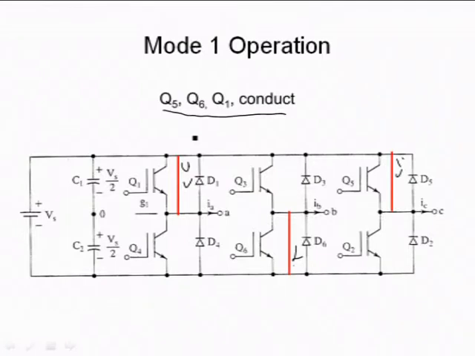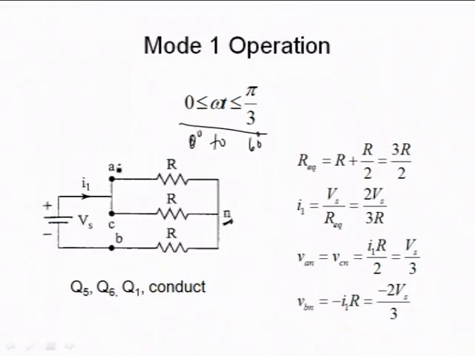Because Q1 and Q5 are conducting, the upper arm points, phase A and phase C, are connected to positive voltage plus Vs. Q6, the lower arm, connects phase B to minus Vs. This is what is shown in this circuit: A and C positive, meaning upper arm, transistors 1 and 5, and B negative, lower arm, transistor Q6.